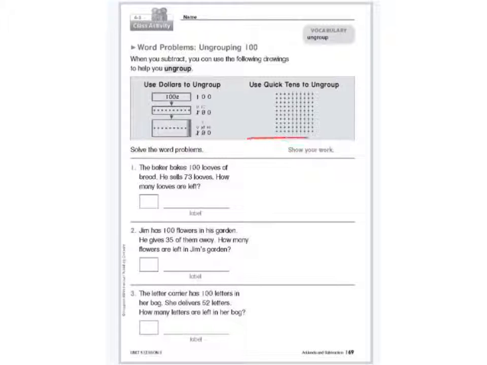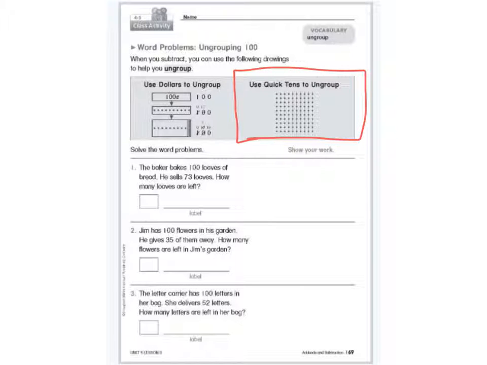And we're just going to use this quick tens here. These are our sticks and our circles to take away from a total using our subtraction. So we're going to use that strategy of our sticks and our circles to do number 1, 2, and 3.